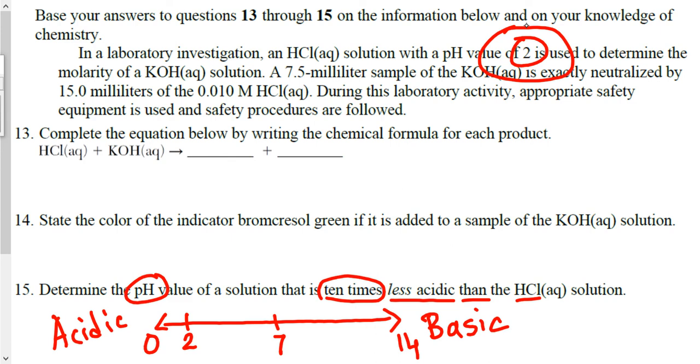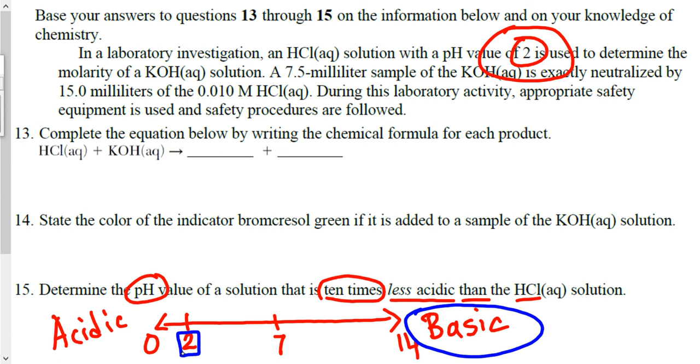In other words, we're looking for a solution that is more basic, or towards our right side. This is something you need to understand before we move forward. If a solution is less acidic, it means the solution is more basic than the solution we are comparing. So we are looking for a solution that is on the right side of a solution that has pH 2.